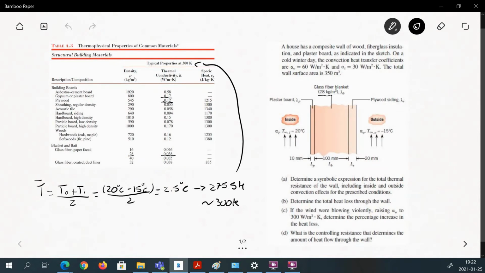Now the next question: if the wind were blowing violently, raising alpha outside to 300 watts per meter square Kelvin, we need to determine the percentage increase in the heat loss.